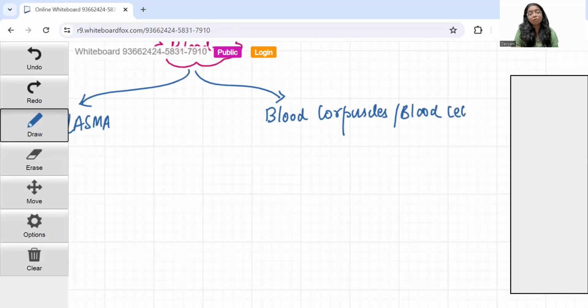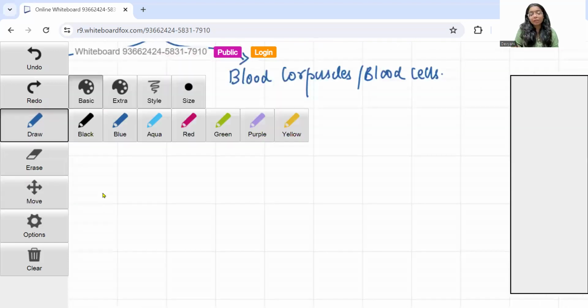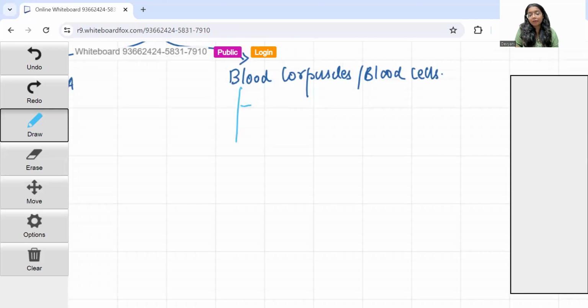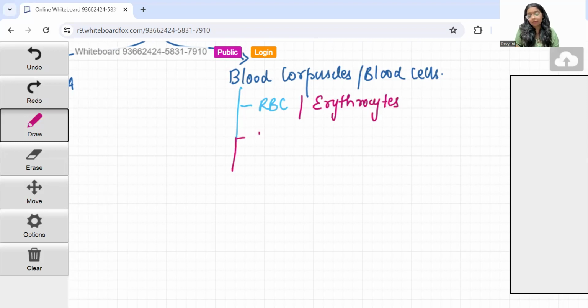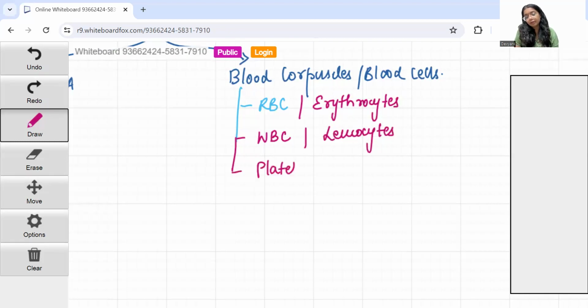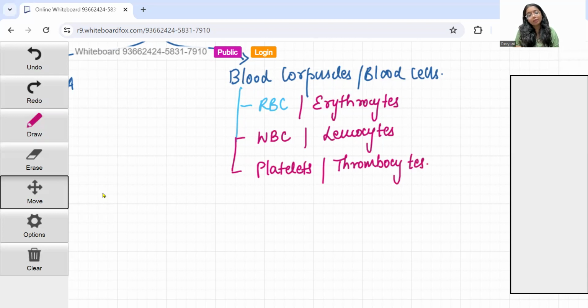The major blood cells are RBCs, also known as erythrocytes, then the WBCs, the white blood cells, also known as leukocytes, and at last the platelets, also known as thrombocytes. If you get a question with thrombocytes in it, don't get confused. We are actually talking about the platelets; these are other names for these cells.